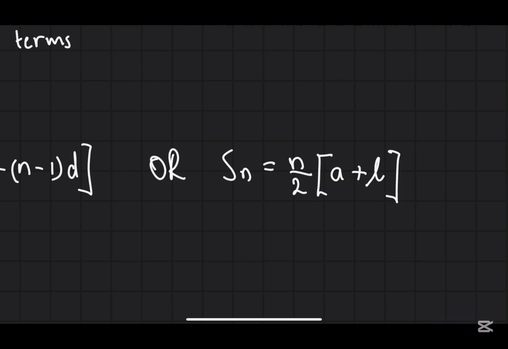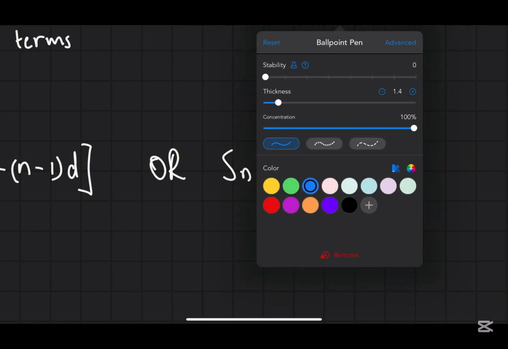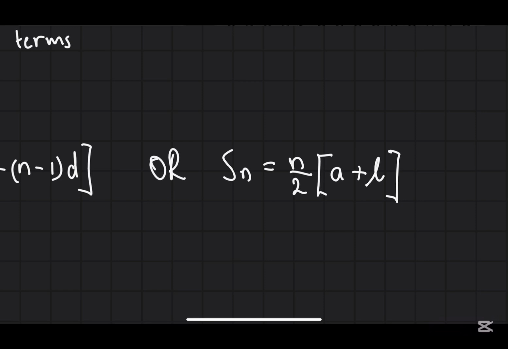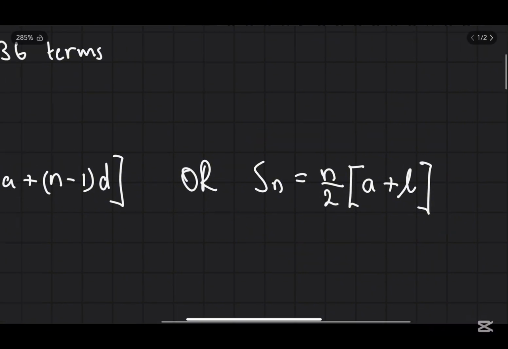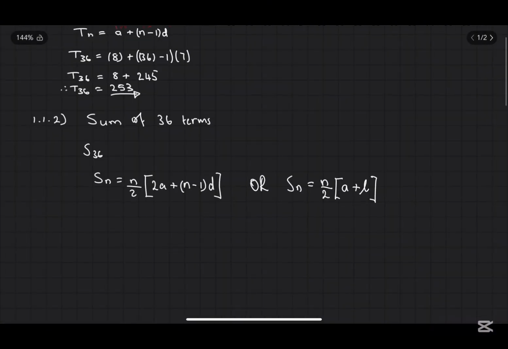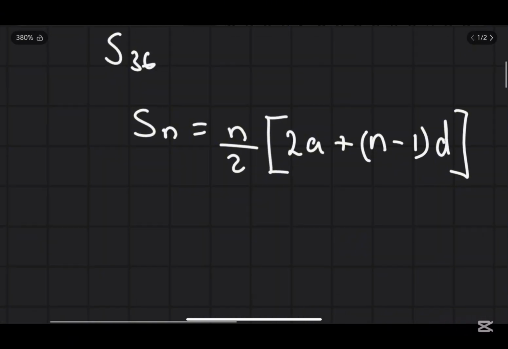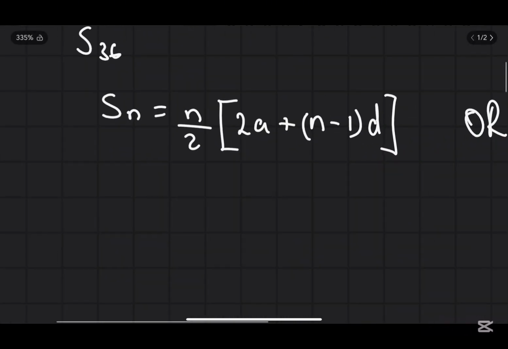In a different video, I will show you how this formula was derived. You understand? I'll show you how that formula was derived, but for now we know those are the formulas.